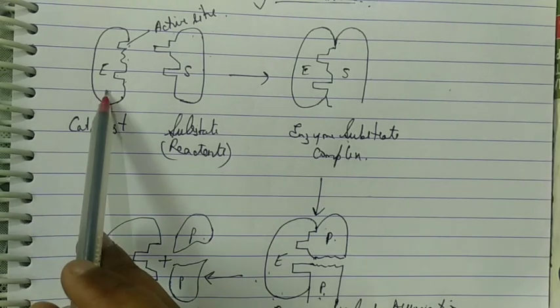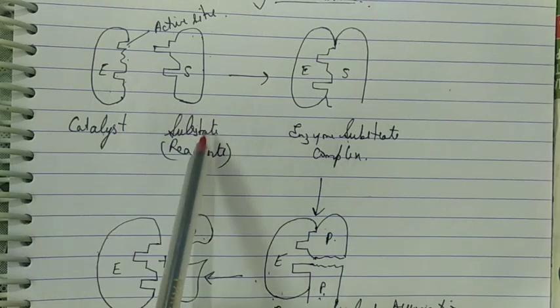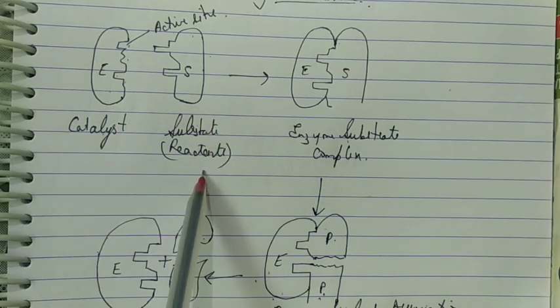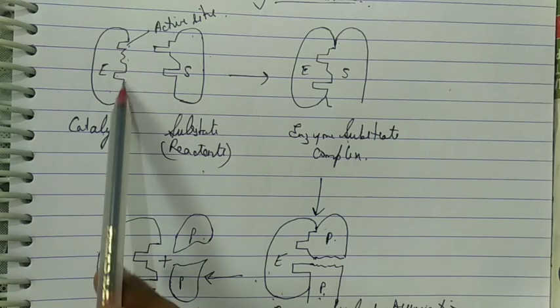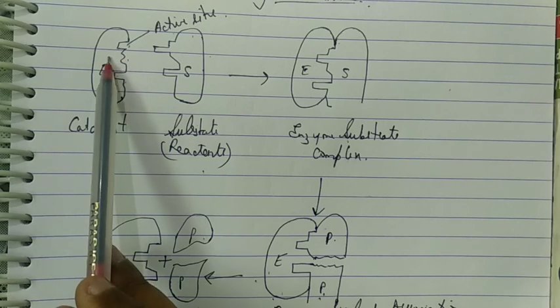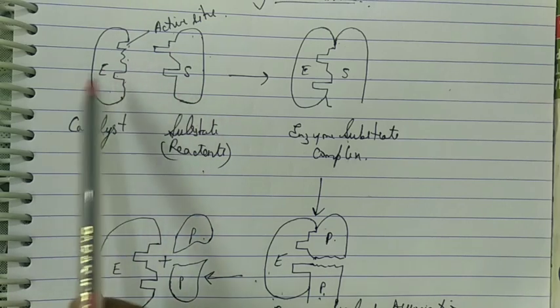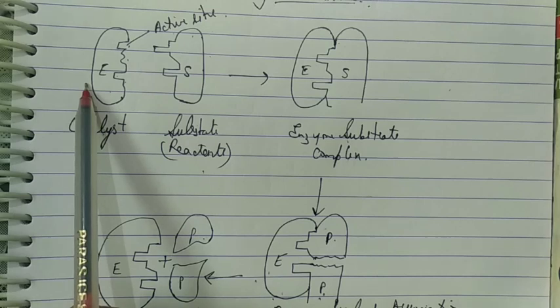Let us see it once more. This is your enzyme which acts as a catalyst, and the substrate which acts as a reactant. These are the active sites on the surface of the enzyme which are associated with some functional groups, due to which it leads to the formation of weak bonds with the substrate when it comes in contact with the surface.